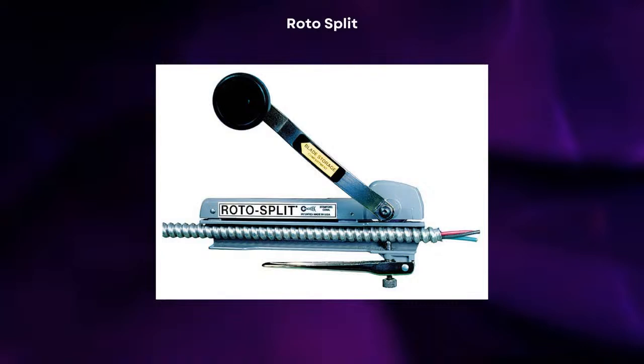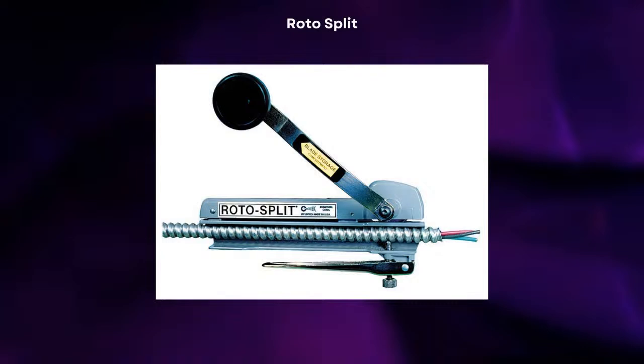Then I put them side by side and I was like, which one's which? And nobody could really tell. It was funny because it's not really that noticeable. If you know how to do it with the dikes, you just snip it, break it, and then clean it. And with the Roto Split, you just cut it and strip it.